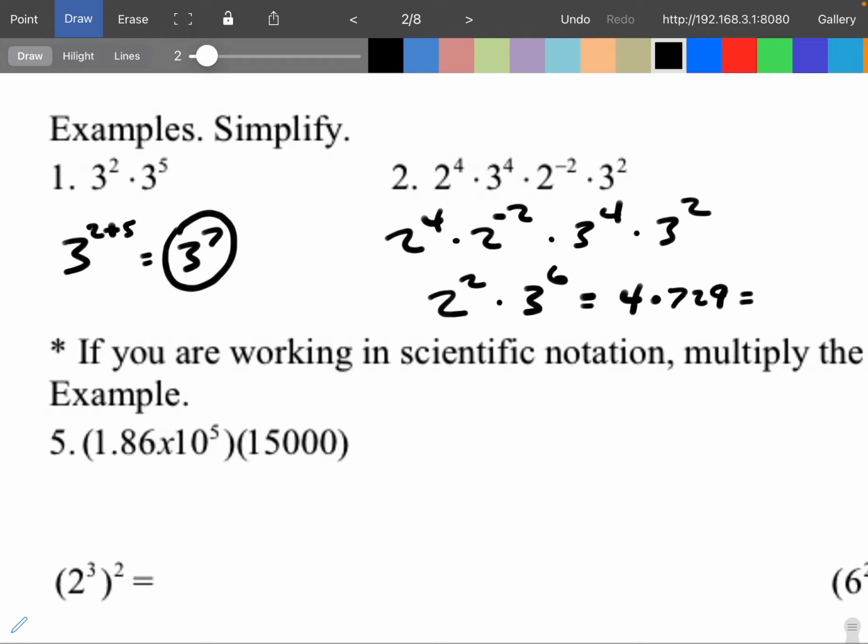So your final answer would be 2,916. But again, that's only if you had the calculator for that part. For our purposes, we're trying to make sure that you know how to use the exponent rules. So I'd probably just leave it like this.